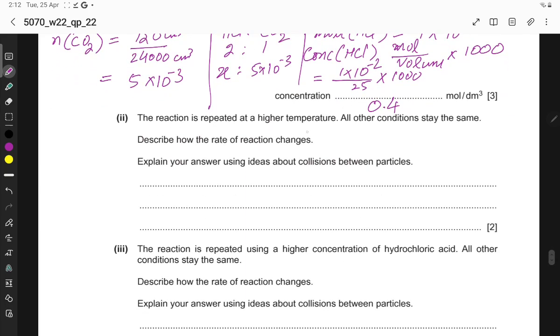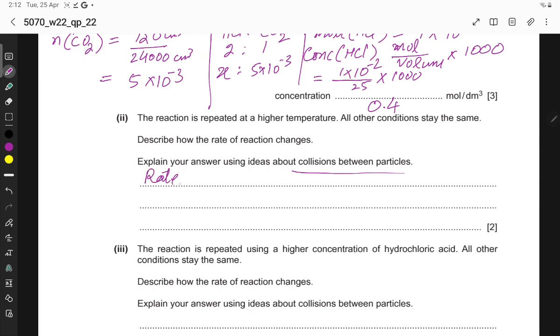The reaction is repeated at a higher temperature. All other conditions stay the same. Describe how the rate of reaction changes. Explain your answer in terms of collisions between the particles.